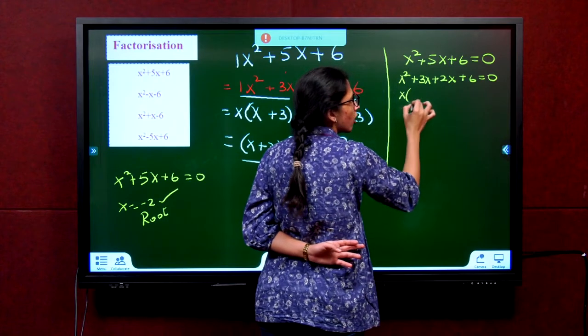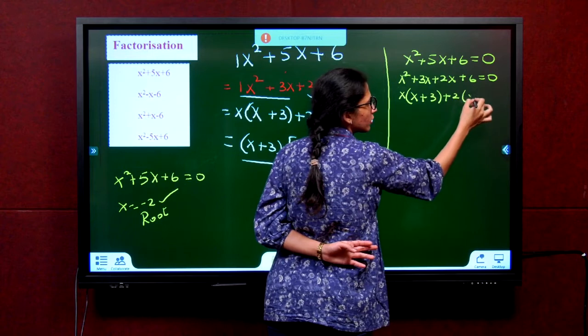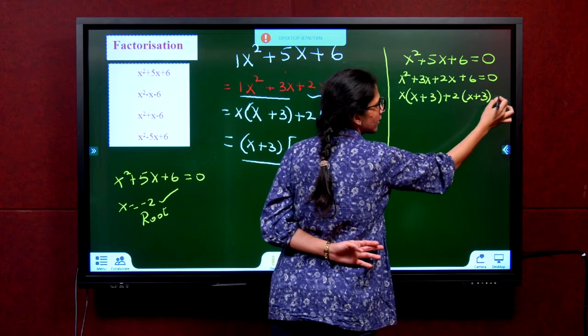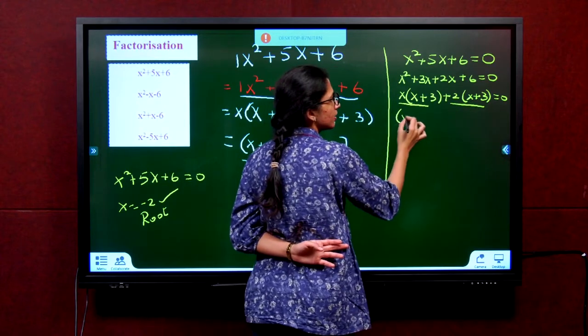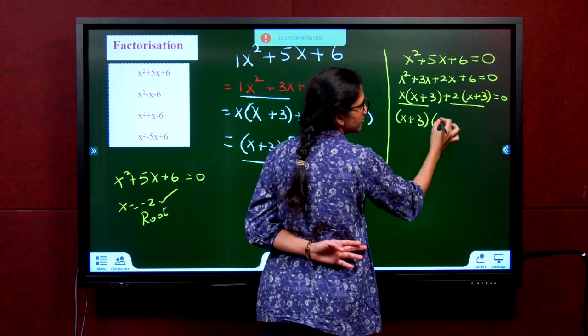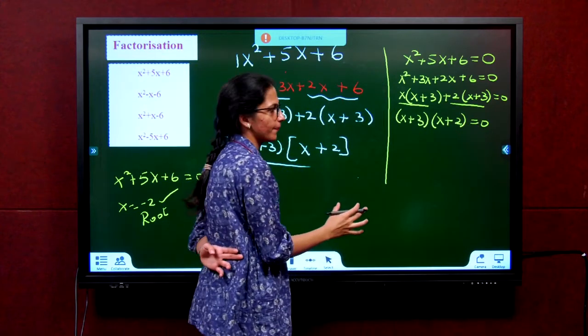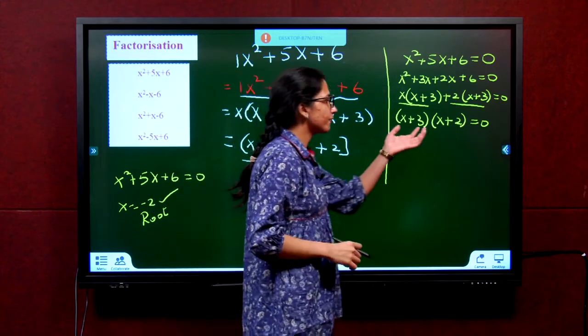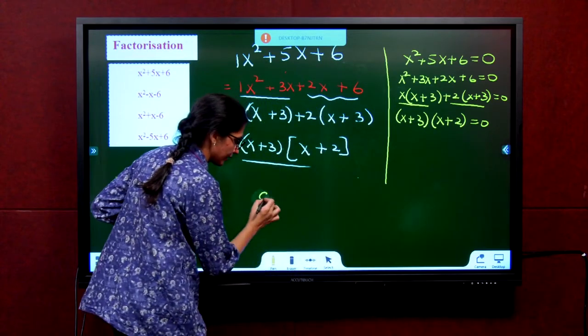You took x common, you got x plus 3. You took 2 common, you got x plus 3 here. Now from these two terms, you took x plus 3 common, you got x plus 2. This is already what we just learnt. So now, if x plus 3 into x plus 2 is 0, think of it like this.